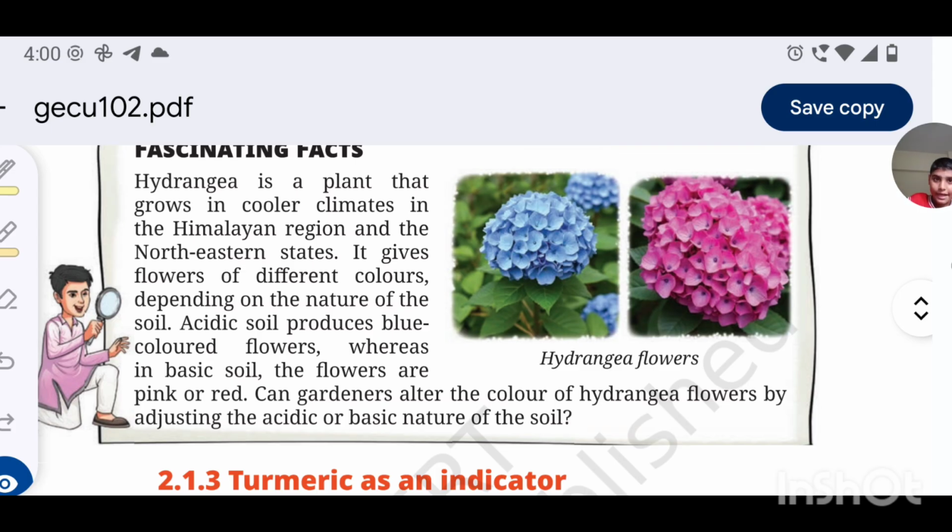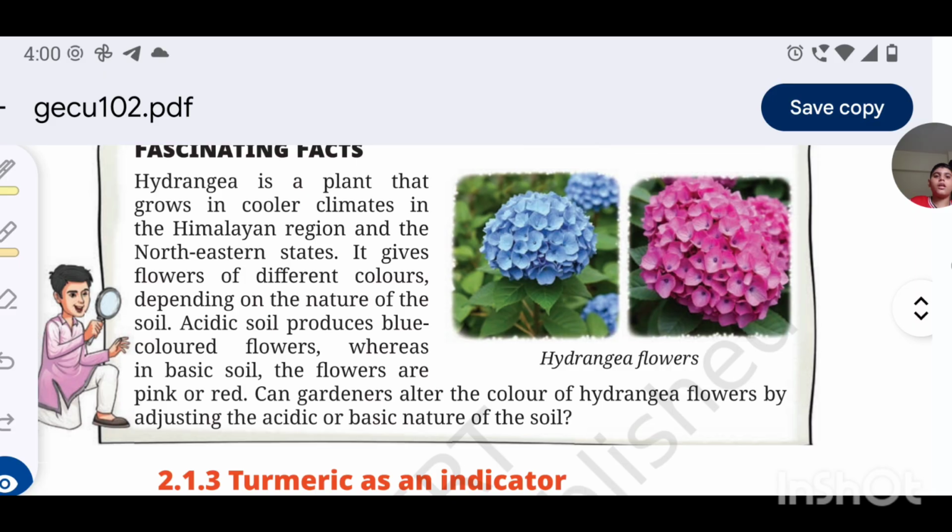Now, hydrangea is a plant that grows in colder climates in the Himalayan region and the northwestern states. It gives flowers of different colors depending on the nature of the soil.